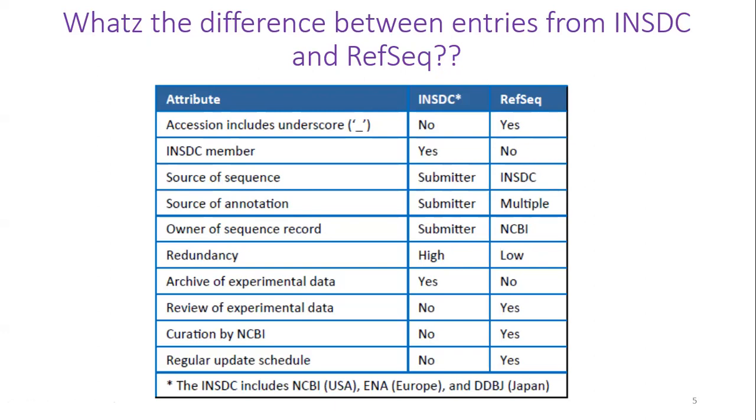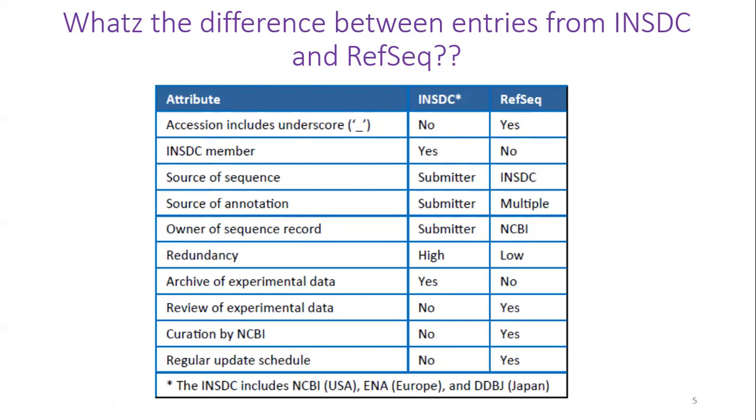Now, if you consider the source of annotation, whatever is present in a GenBank entry, the annotation is usually provided by the submitter, while to incorporate annotation, the reference sequence database relies on multiple sources.